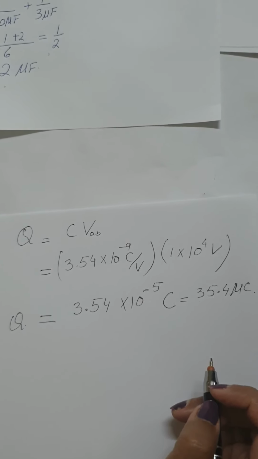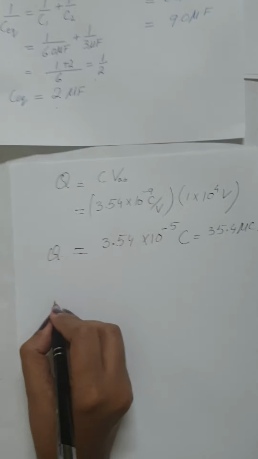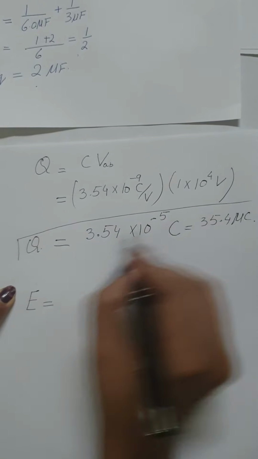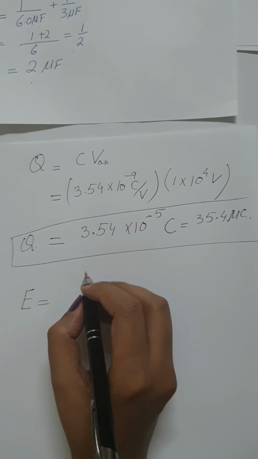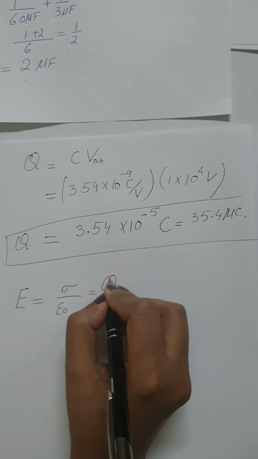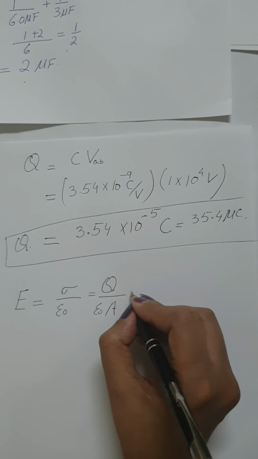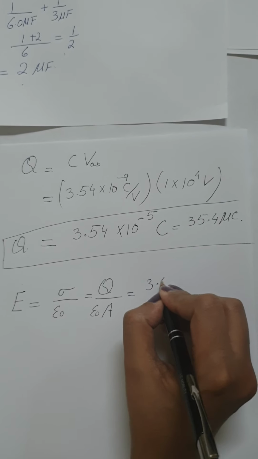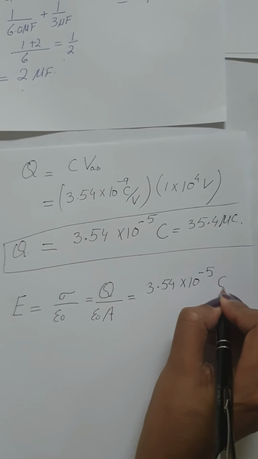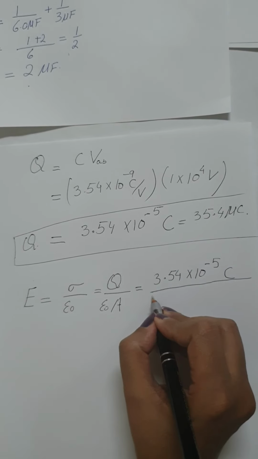Now the last one is the electric field. So let's find out the magnitude of the electric field. We just calculated the charge and we know epsilon naught.